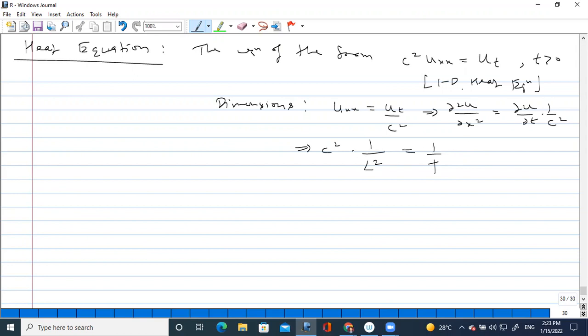So C square will be L square T to the power minus 1, but it should be T to the power minus 2. So it can be possible only when it is UTT.